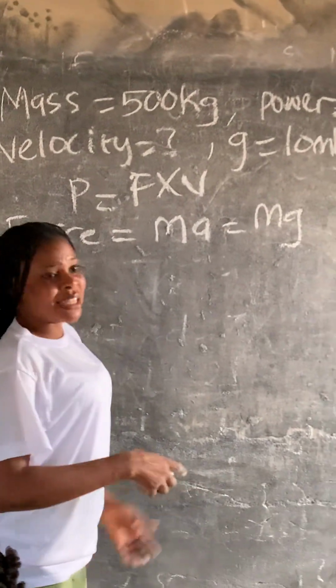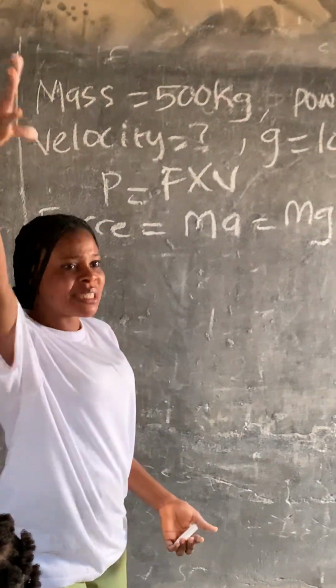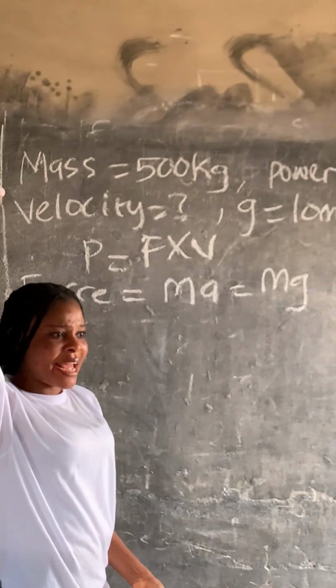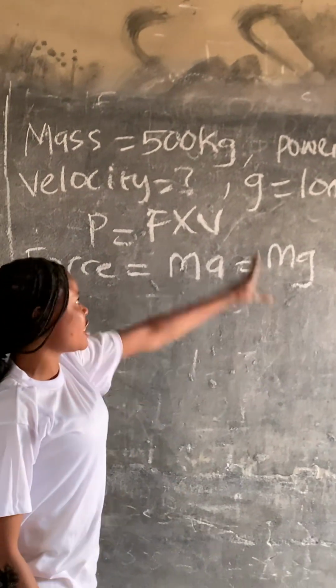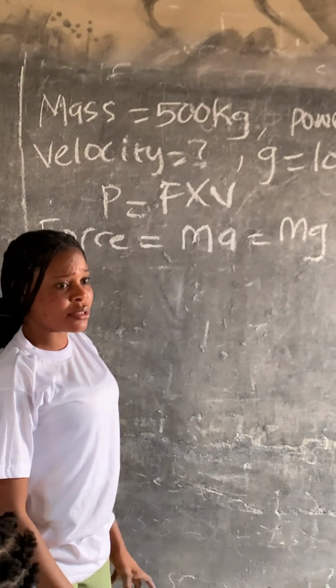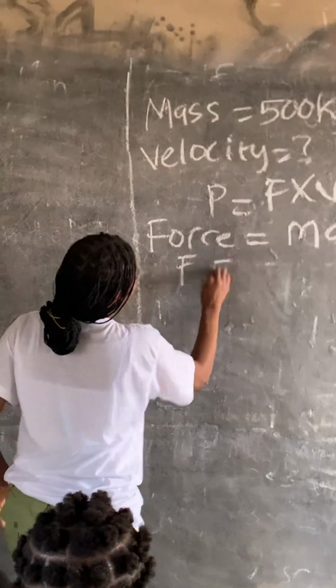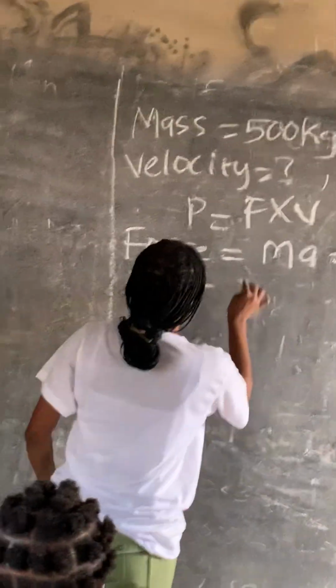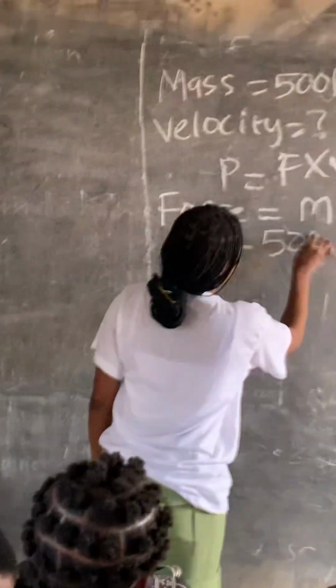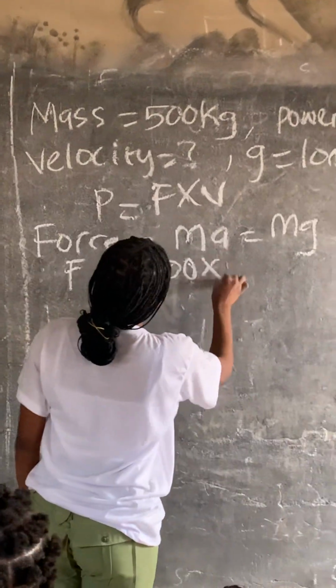When something is moving down, there is a gravitational force that brings it down, which is small g equal to 10 meters per second squared. So therefore, our force now is what? Mass was what? 500 kilogram times what?